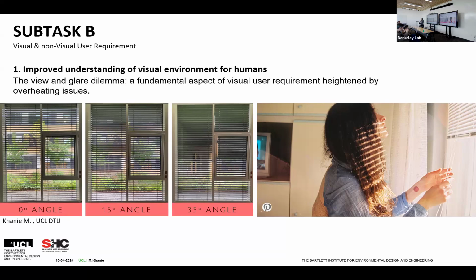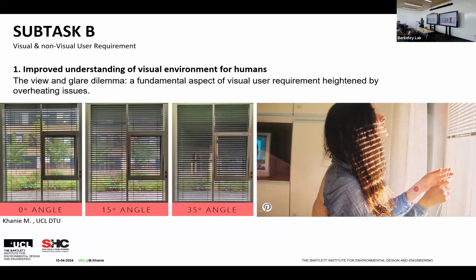At the moment, we know with climate change, with the overheating conditions that we have, the use of shading devices is becoming, as we discussed a little bit now, a question of how to implement them. Of course, the embodied carbon that they have might not be the most optimal aspect of it, but we have to deal with this dilemma of how to reduce the glare and the overheating while thinking about the view.